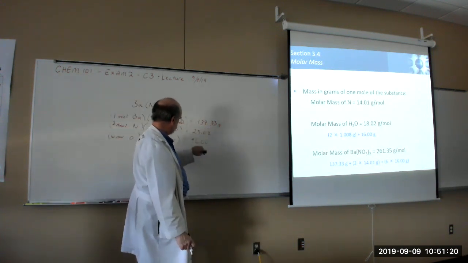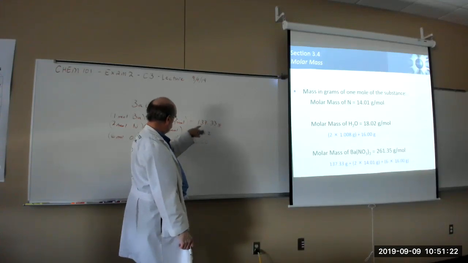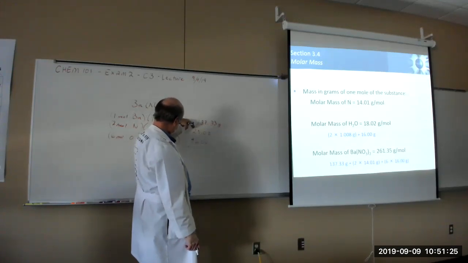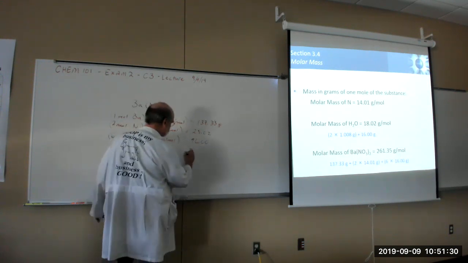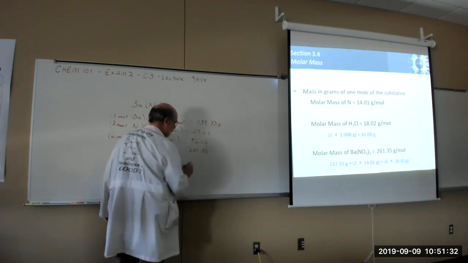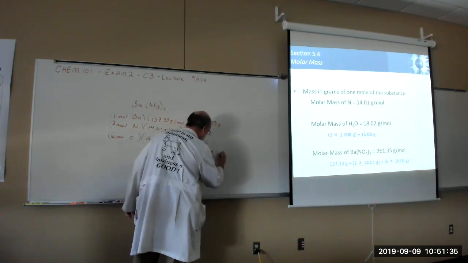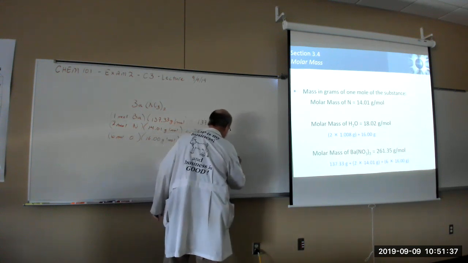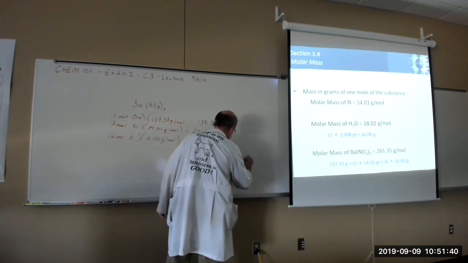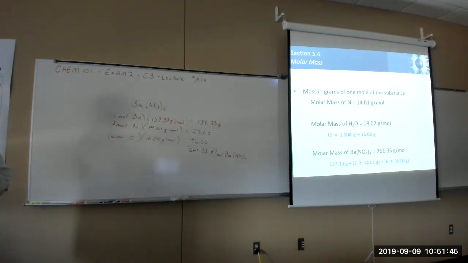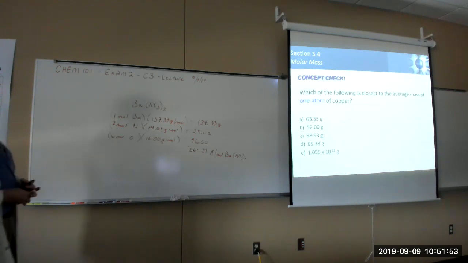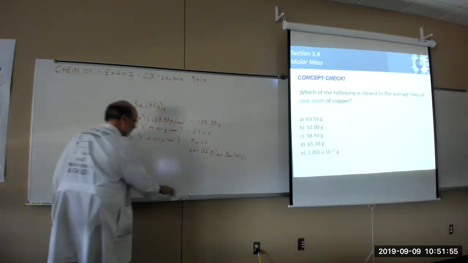Yeah, 0.35, that's right. And this is grams per mole of barium nitrate. Okay, that's how you do the molar mass of a compound. Okay, any questions so far?